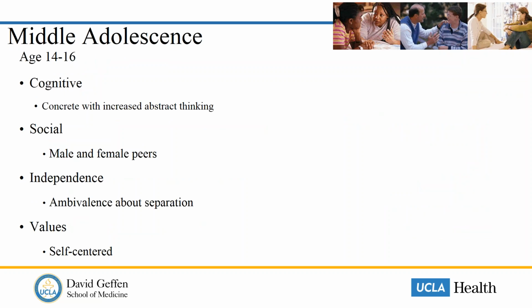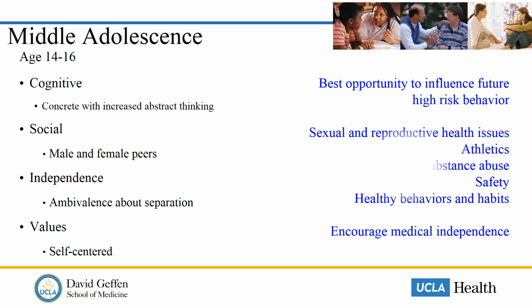Now, as you move into middle adolescence between age 14 and 16, patients tend to move from being concrete to being more abstract in their ability to think sophisticatedly. You start to develop more relationships and peers that are of both genders. And from an independence standpoint, 14 to 16-year-olds tend to express a little bit more ambivalence about separation from their parents, and from a value standpoint, they tend to be a little bit more self-centered.